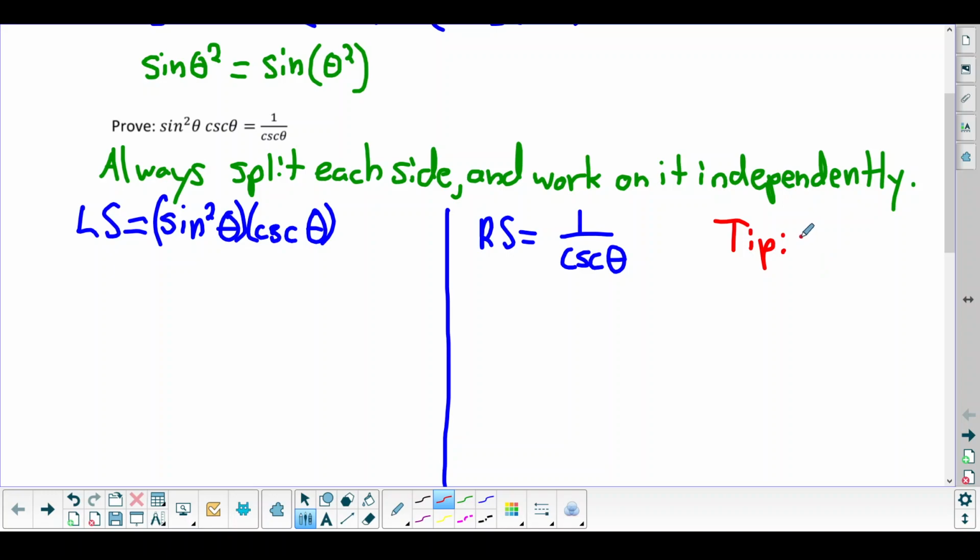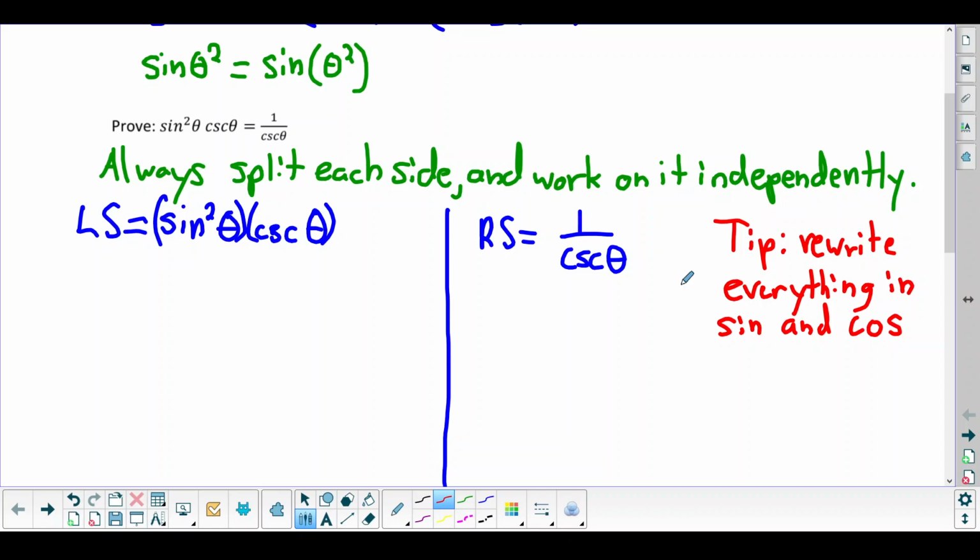So rewrite everything in sine and cos. And you might be thinking, what about tan? We'll talk about tan later.